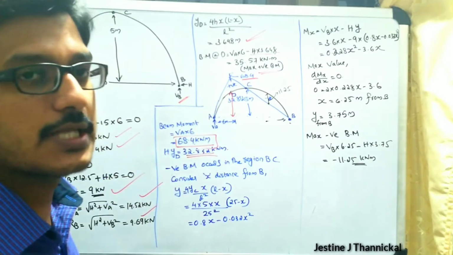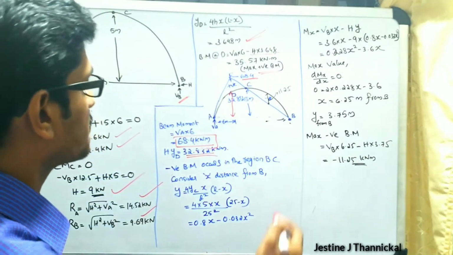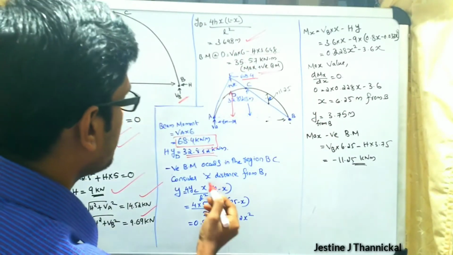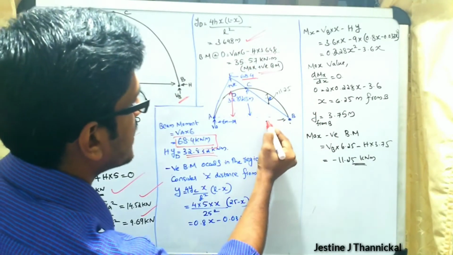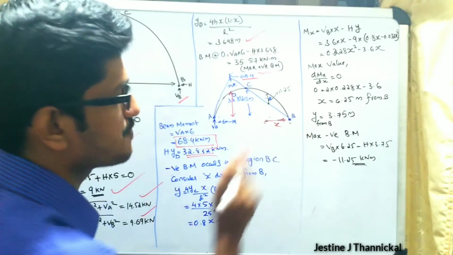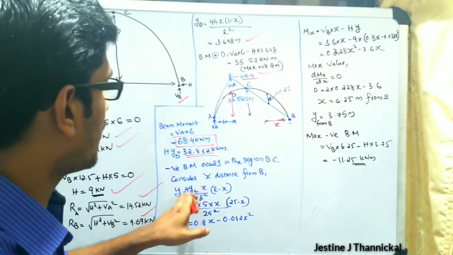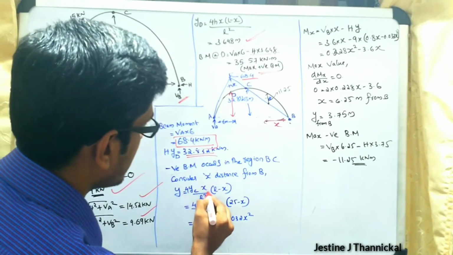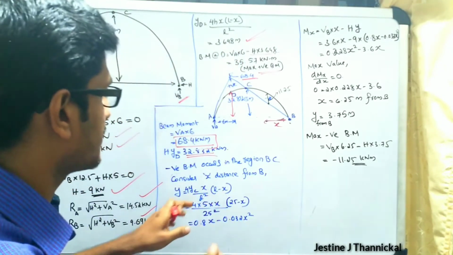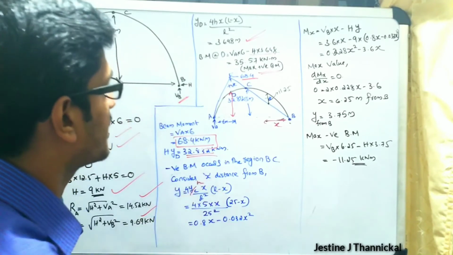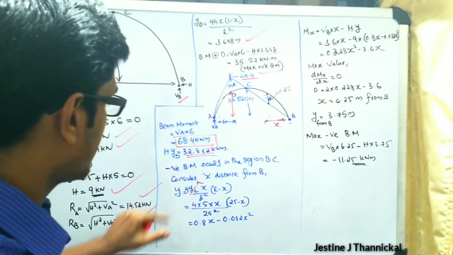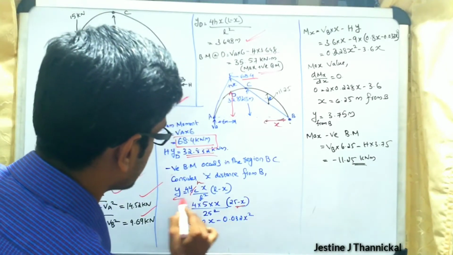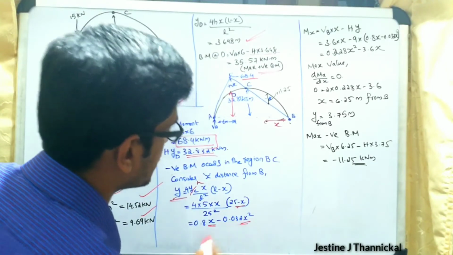Then we have to find the negative bending moment. It is going to happen on the RHS side in this case. So we will consider a point at some distance x from this point B. y equals 4 yc into x into (L minus x) by L square. This yc or h you can write down. If you substitute the values, there are two unknowns, y is unknown and x is also unknown.